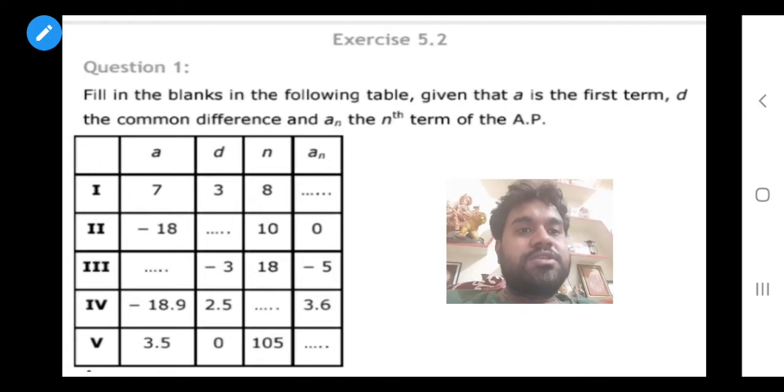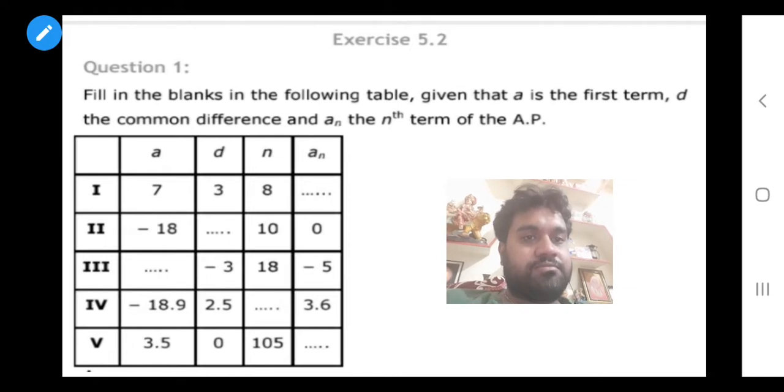So class, you can see the first question. In this it is given related to filling the blanks, and the formula I believe that is used is an is equal to a plus (n minus 1)d, and the missing one you have to find out. In the first one a is given, d is given, n is given, and you have to find out an.